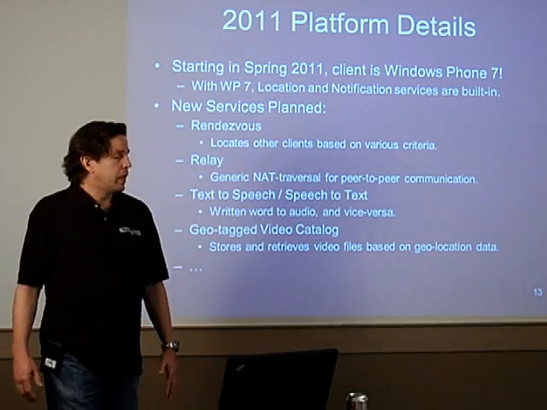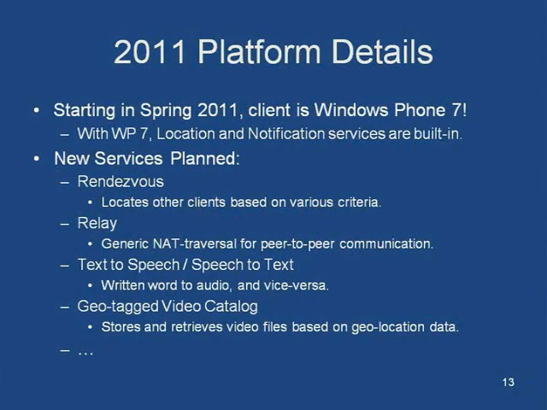So starting in the spring, we're going to switch to using the new Windows Phone 7 as our client. And Windows Phone 7 has location and notification service APIs built into the platform. So that's even easier to use than having us provide them.